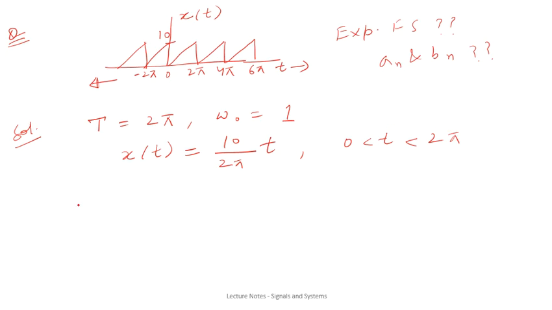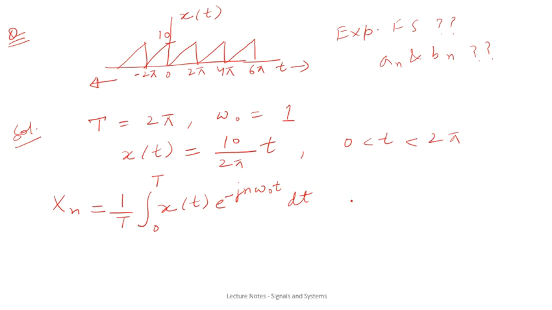First of all you have to calculate the exponential Fourier series coefficient, that is xn. So I will just write the expression for finding it. It will be 1 by T, integral 0 to T, x(t) e raised to the power minus j n omega naught t dt.